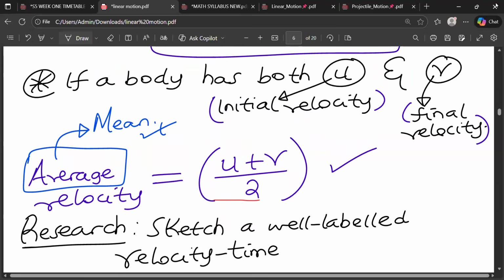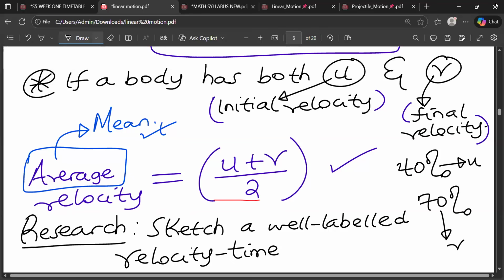But in case a question comes and it's only having initial and final, but again asking you for average, you just ask yourself, what if in midterm I got 40%, then in end of term I got 70%. Then they say the final mark we shall give you is your average mark. So this 40 was your initial mark, this was the final mark, or the later mark.